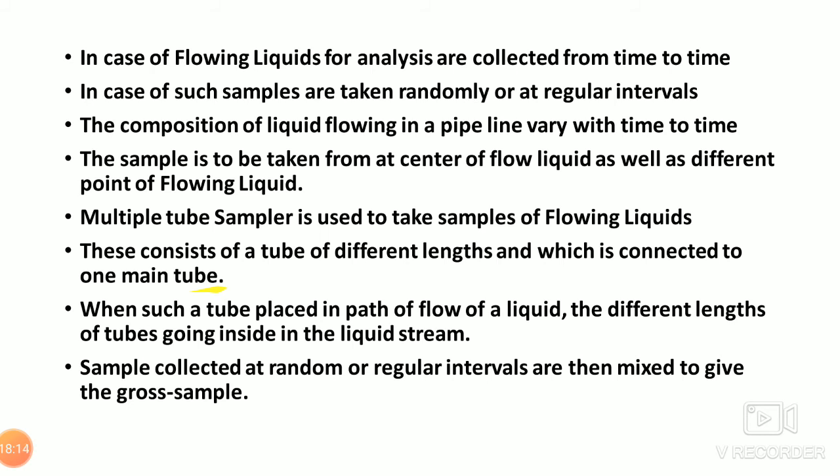When such a tube is placed in the path of flow of liquid, the different length tubes go inside the liquid stream. Then the samples collected randomly or at regular intervals are mixed to give the gross sample. From the gross sample, we can select the subsample, or we can say sample, and that will be useful for the analysis.